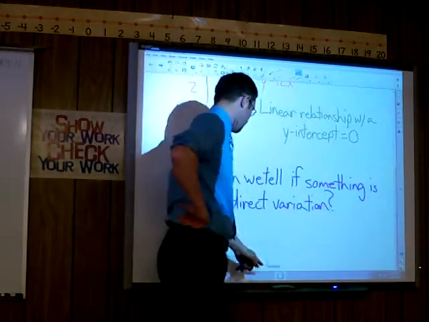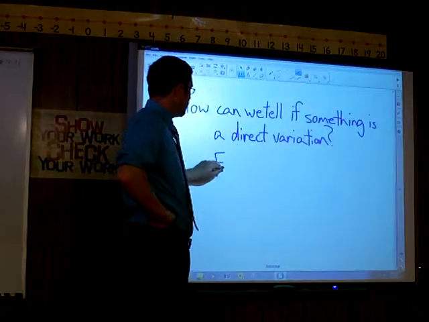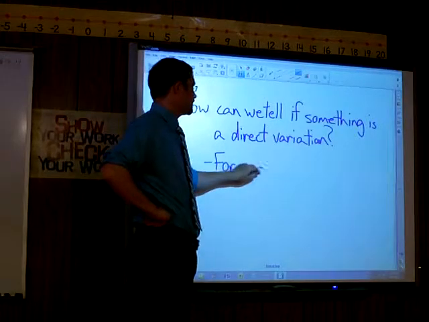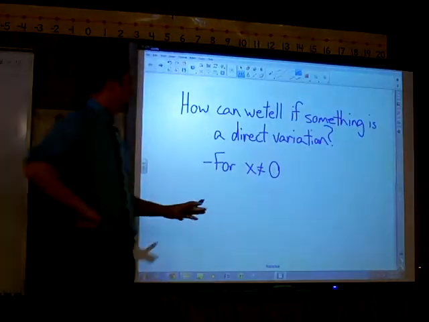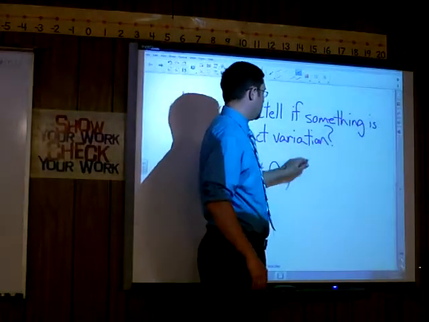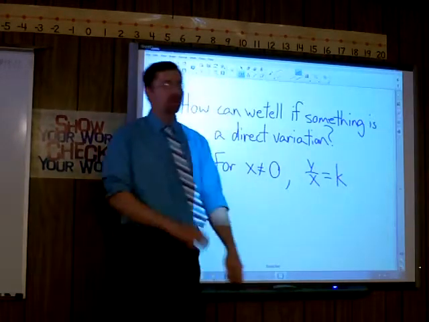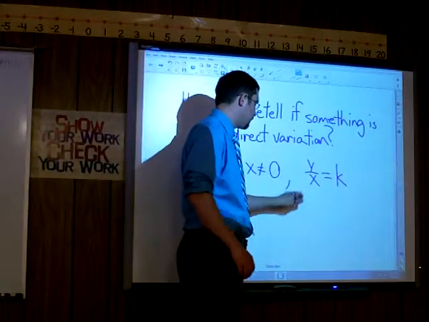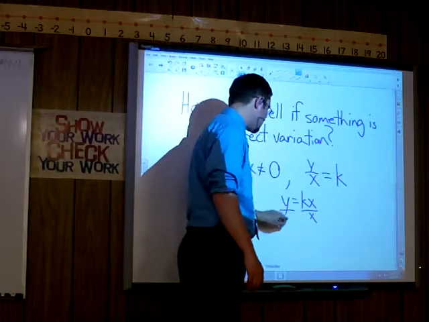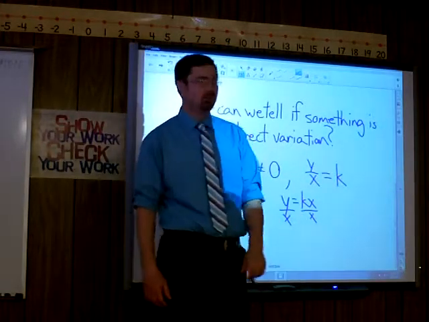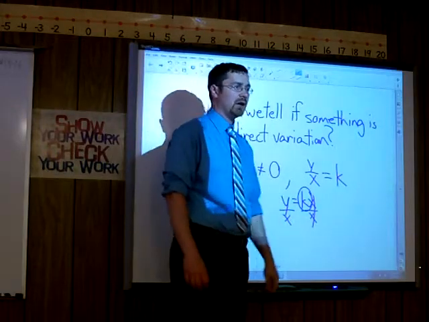The answer to this is, for x not equal to 0, because that'll mess this up, y over x will always equal the same thing. Think about that form we had, y equals kx. Well, if I divide both sides by x, K will be by itself, and y will be over x.